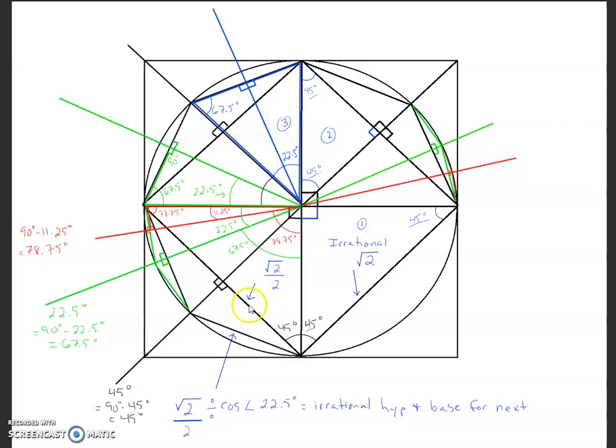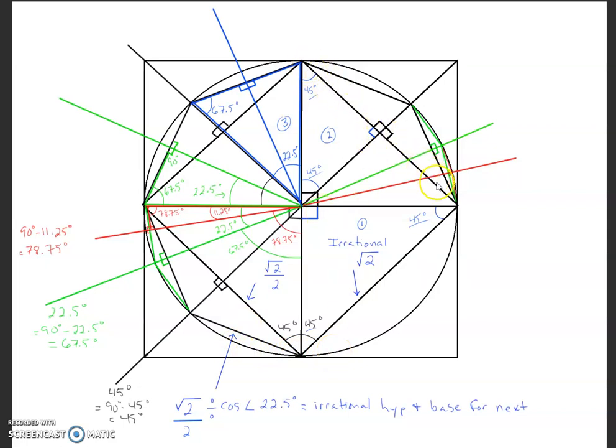And if we apply that to the hypotenuse, using trigonometry, if you use the cos function to solve for the hypotenuse, we would take the square root of 2 divided by 2, divided by the cos of 22.5 degrees, which will give us, so here we have an irrational base and an irrational hypotenuse. And if we keep with the method provided here, this will become the base, which is irrational, and then again we will apply that to the hypotenuse, and this irrational measurement will just continue on and on and on until we get to the circumference.